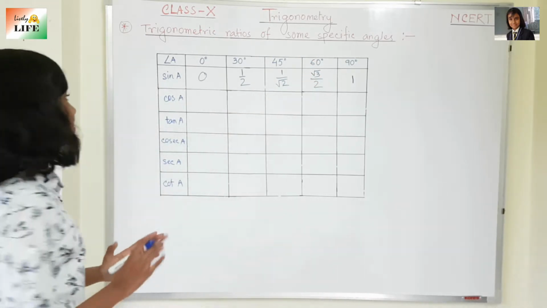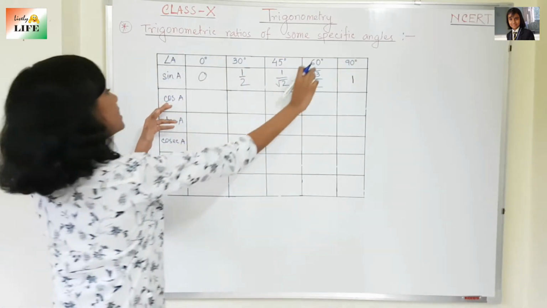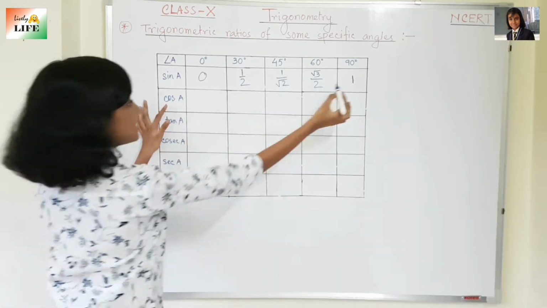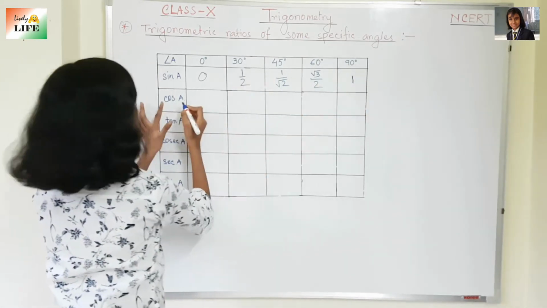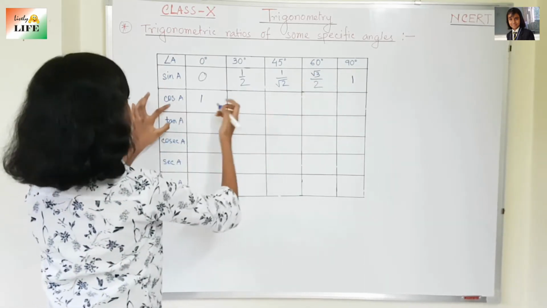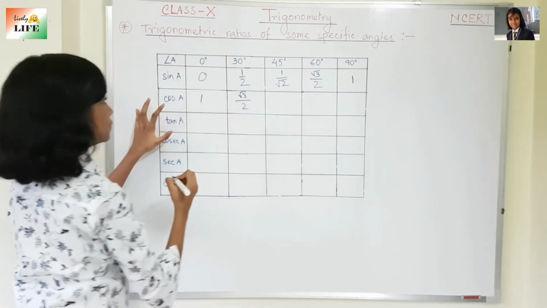And what will be cos? It is very interesting. What is sine 90? It will be cos 0. What is sine 60? It will be cos 30. Like this it is going to be, okay? So sine 90 is 1, so cos 0 will be 1. Sine 60 is root 3 by 2, so cos 30 will also be root 3 by 2.